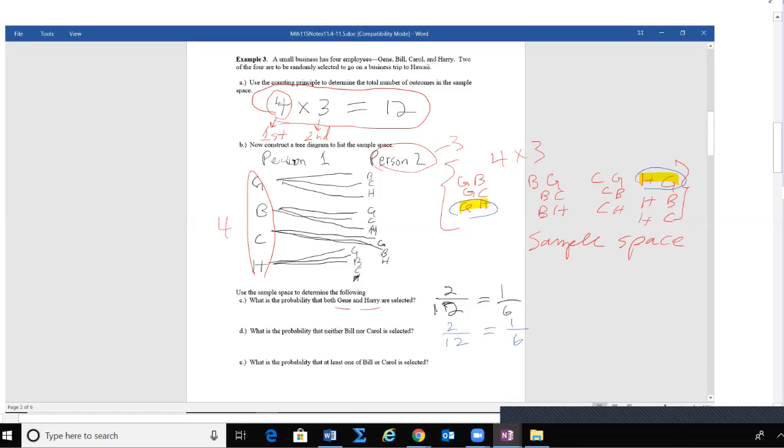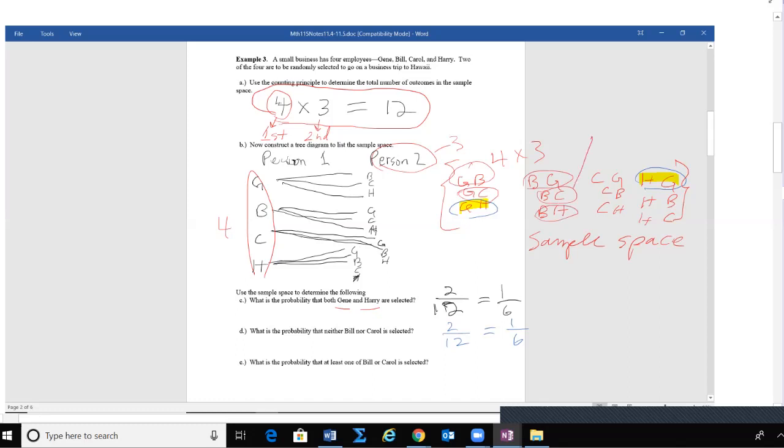Okay, the next one: what's the probability that at least Bill or Carol gets selected? So now we want to look for anything that has a B or a C. I'm going to use another color now. Let's go with red. Okay, so I'm looking for a B or a C. Here's one, here's one, here's one, here's one, here's one.